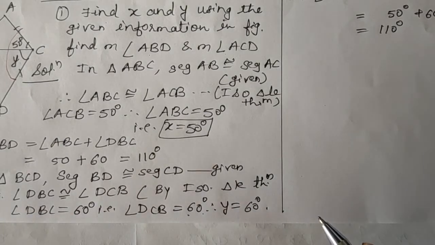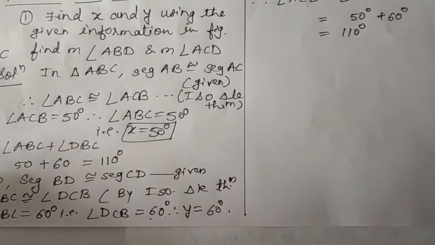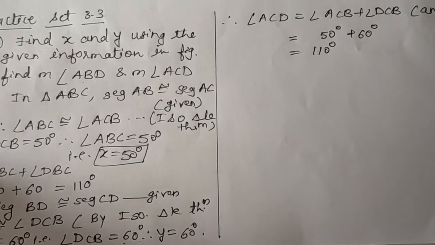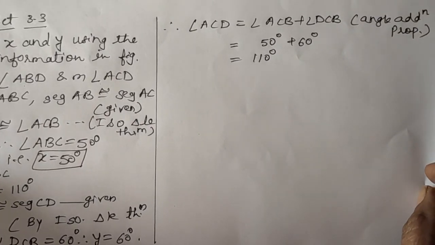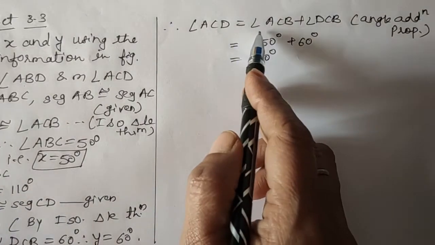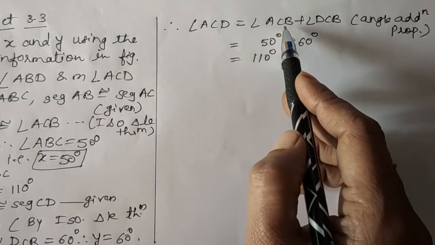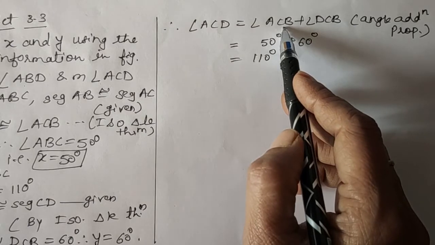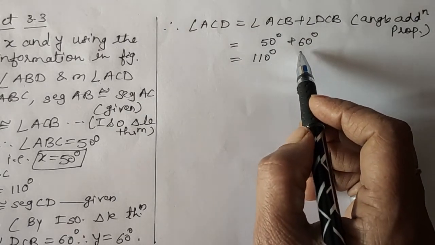So you can write, therefore y is 60 degrees. Now see, angle ACD, from the figure you can see, is equal to angle ACB plus DCB. This is the angle addition property. ACB in the figure is given as 50 degrees, and we have got the value of y as 60.